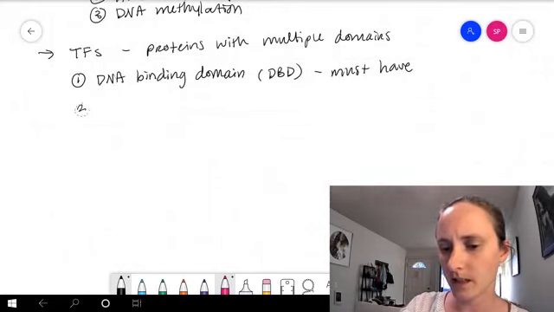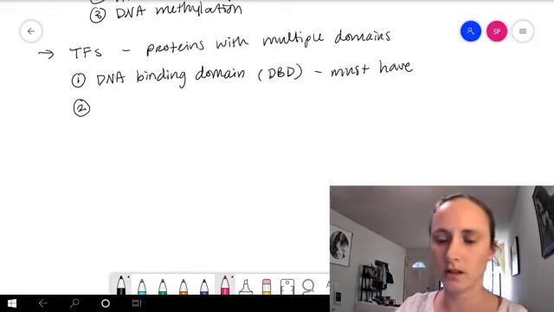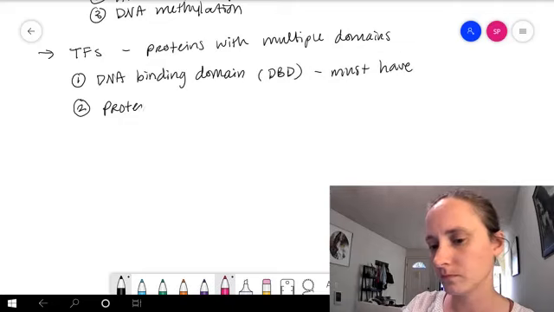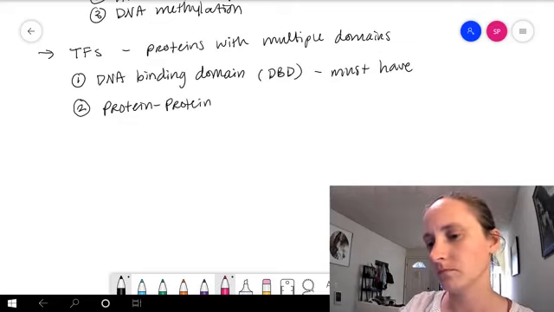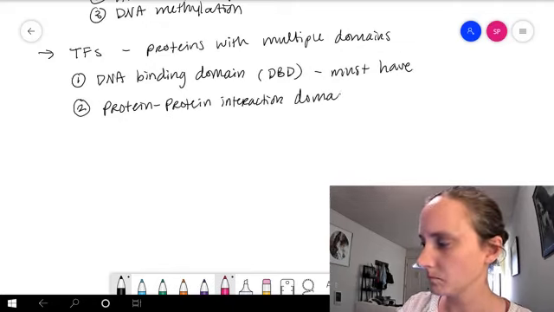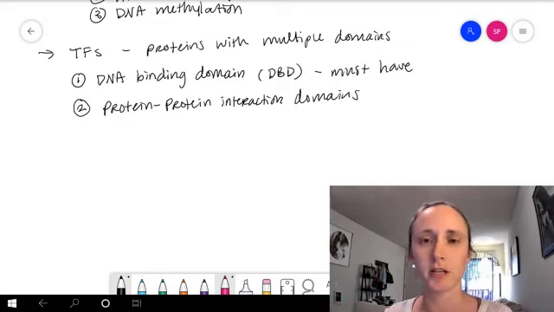The second type of domain that you may find is a protein-protein interaction domain. In other words, it's what allows the transcription factor protein to contact other proteins.